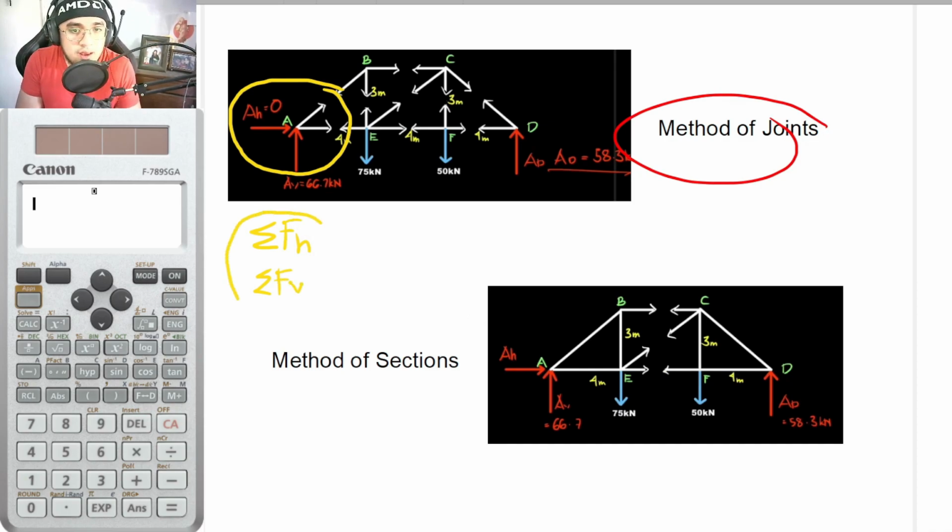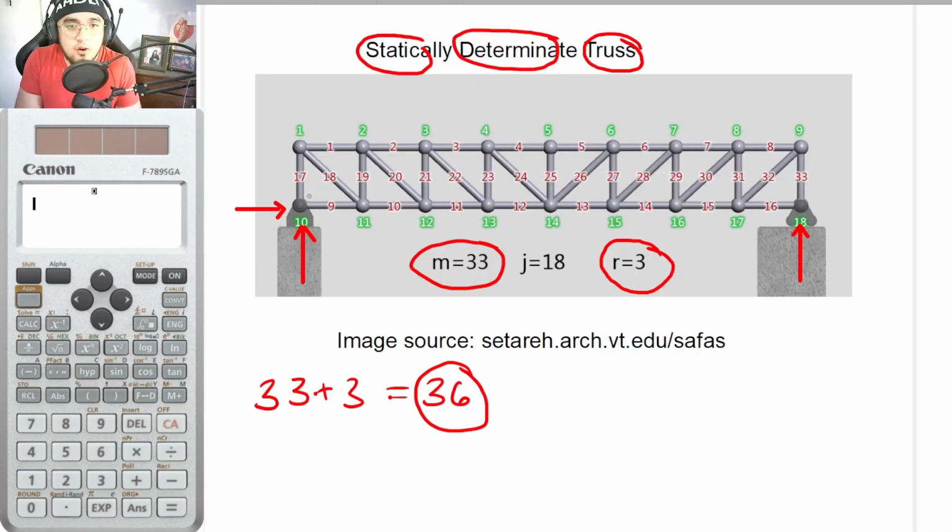So if we have two equations that we can use, for every joint we can formulate two equations each. Accounting for the number of joints here, and I have already predetermined it, we have 18 joints in total.